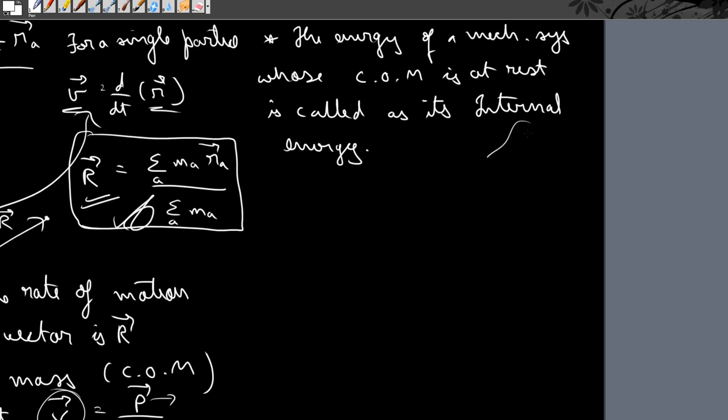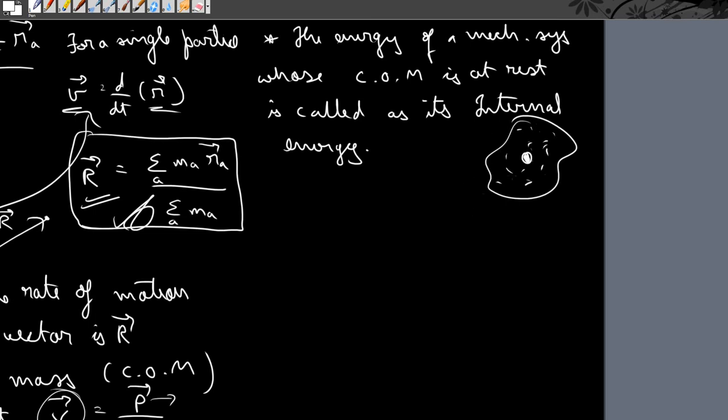This means if I have some system which is made of many different particles whose center of mass, let's say which is over here, is at rest, then the particles inside the system can still be moving around. The only condition is that the total momentum should be 0, which implies these particles, which may be interacting with each other, will still have some kinetic energy and potential energy, and that energy is defined as its internal energy.